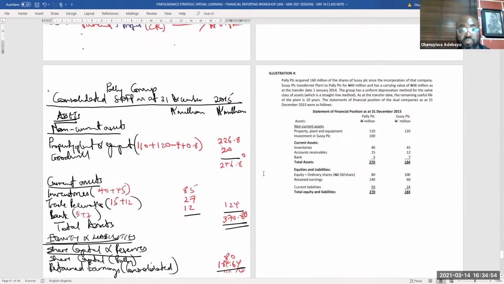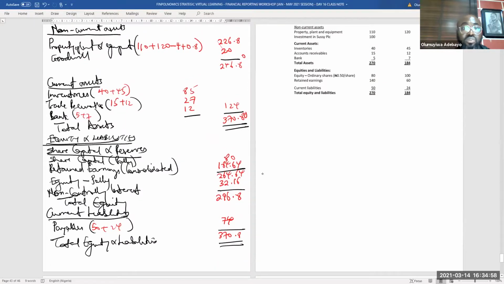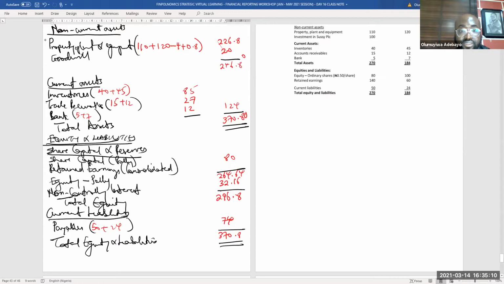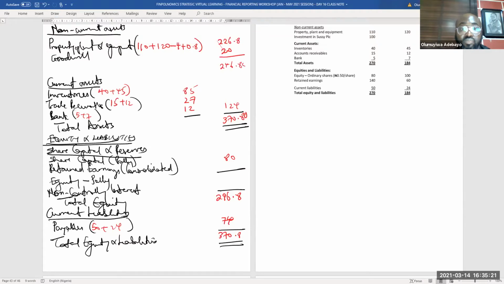Invariably, this is not affected, but what is affected is between the parent's retained earnings, which is consolidated, and the amount of NCI. Okay, what is the retained earnings?